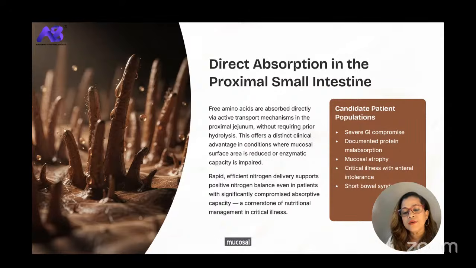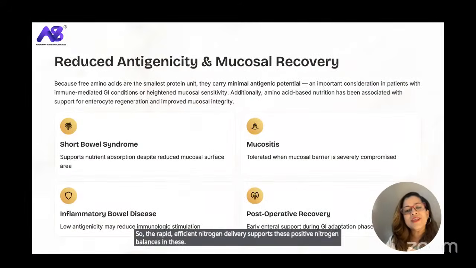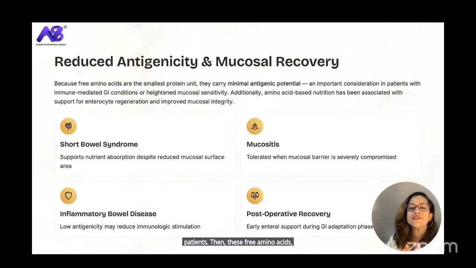And therefore, the candidates for this population are people who are severely GI compromised, or have mucosal damage, or short bowel syndrome for that matter. The rapid, efficient nitrogen delivery supports positive nitrogen balance in these patients. These free amino acids, which are small protein units, carry minimal antigenic potential.